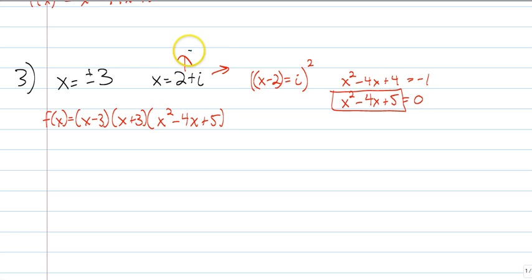Some of you guys are like, well, why can't I just do x plus 2 plus i and x minus 2 plus i? Actually, I shouldn't do it that way. It should be x minus 2 plus i and x minus 2 minus i. Okay, and yes, technically you can do it this way, but then look at foiling this out.